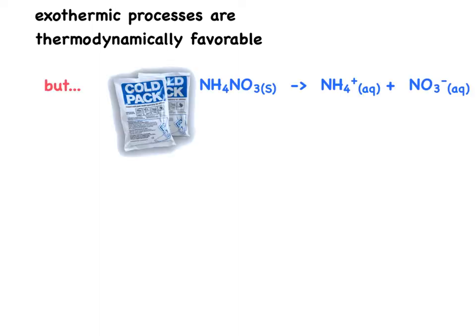We said exothermic processes are thermodynamically favorable, but we did say that this reaction happens spontaneously and it's endothermic with a delta H of 26.4 kilojoules per mole. So there's one more piece to consider, and that's entropy, which is the randomness or disorder of a system.